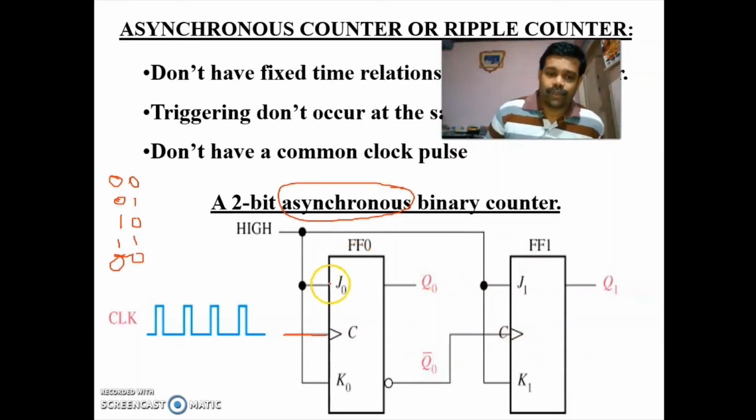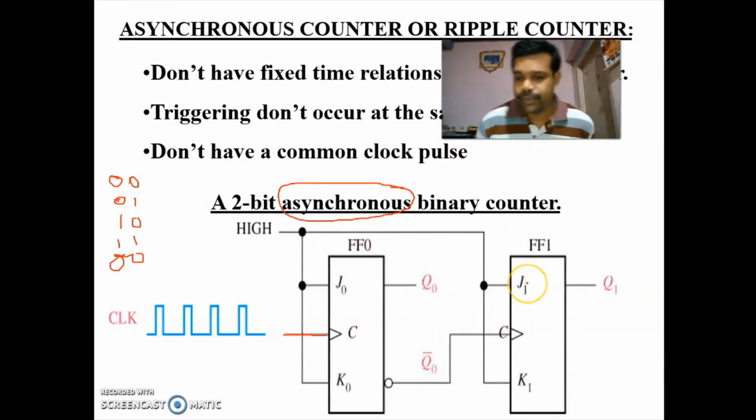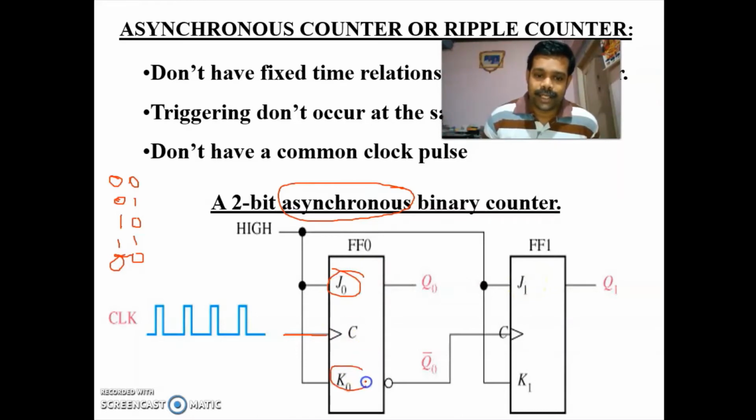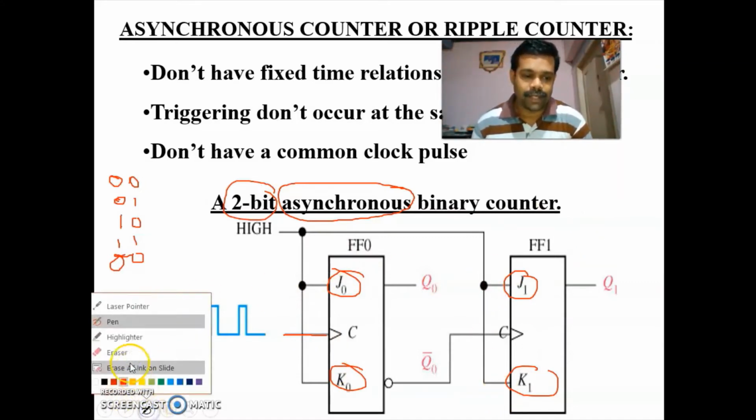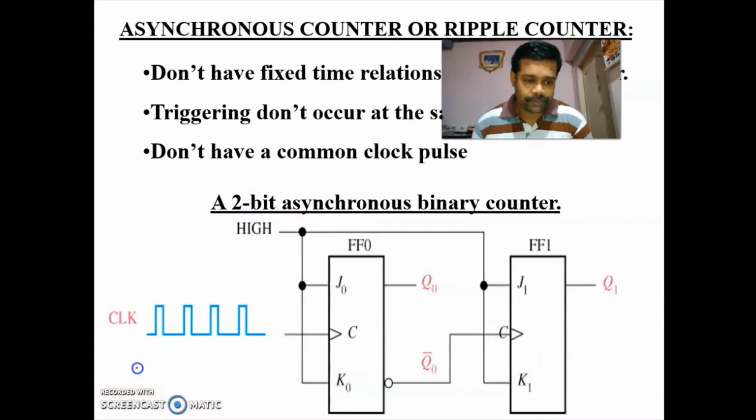The type of flip-flop used for this counter is the JK flip-flop. You have used two flip-flops for 2 bits, and you have made both J and K of both flip-flops high.